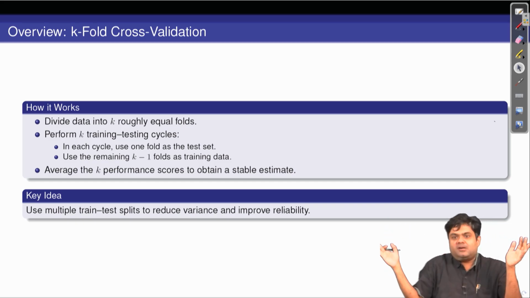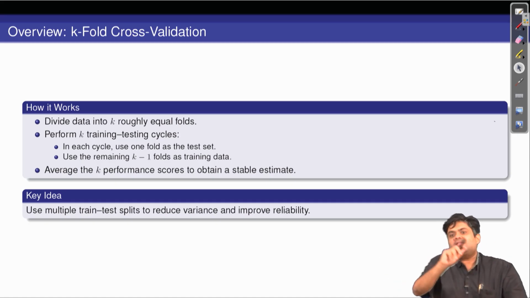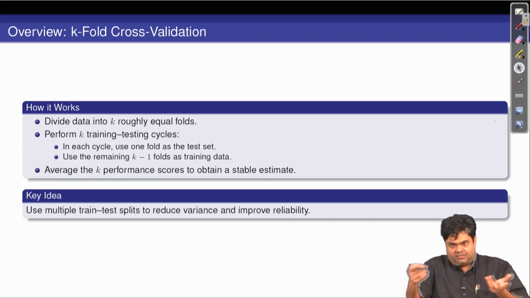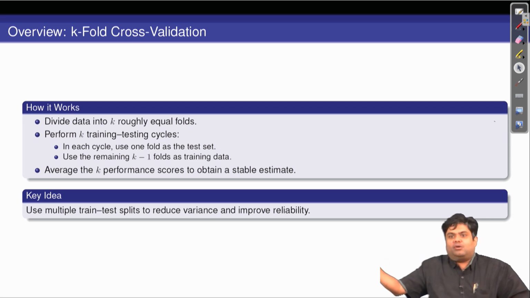Out of those k parts, in every iteration, leave one part out as the test set, and train the model on the remaining k minus 1 parts. Fit the model there, test it on this test set, calculate the loss function of that test, and then do it for every block amongst the k blocks you have chosen.